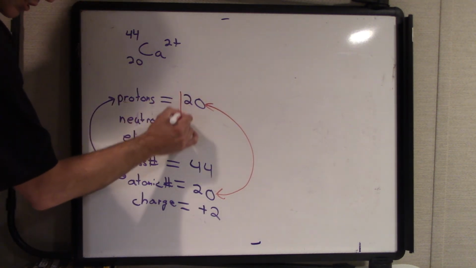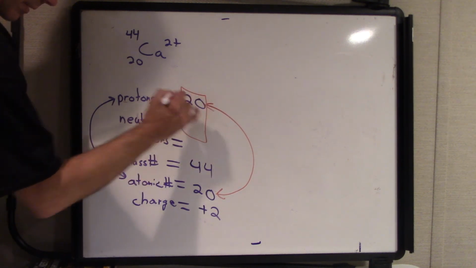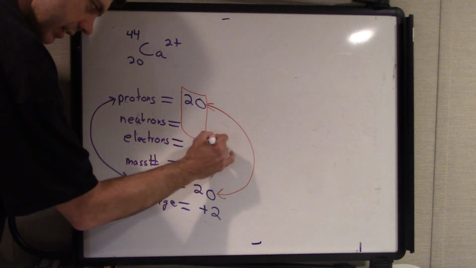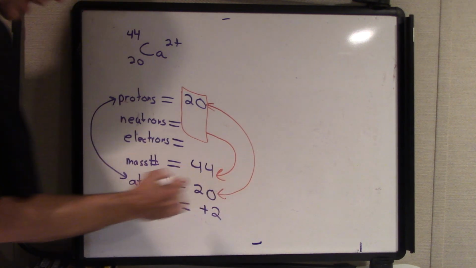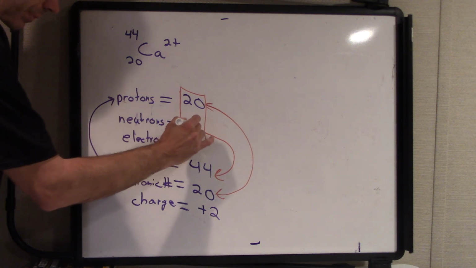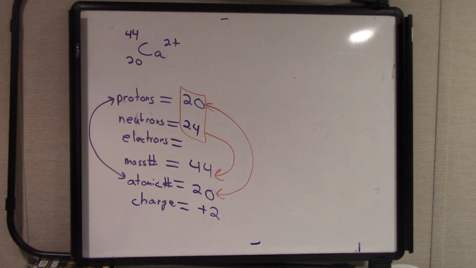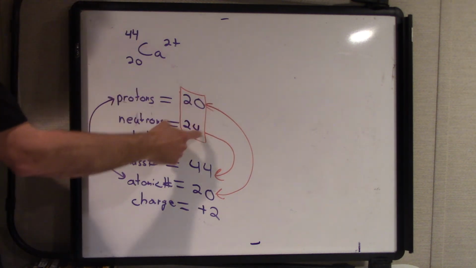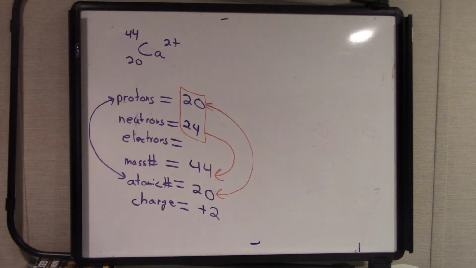So these two combined have to give us that mass number. So my total mass is 44. 20 of it comes from the protons. Well, the rest of it has to come from the number of neutrons. These combined have to give you that mass number.